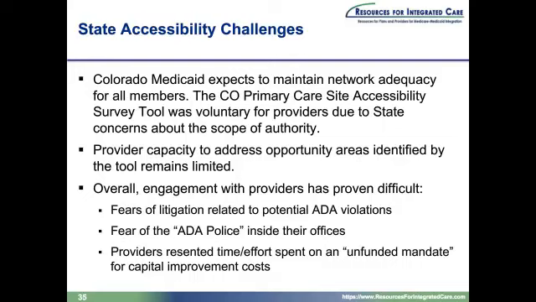And then finally, providers really resented the time and effort, to some degree, that was spent on an unfunded mandate, which is the ADA for capital improvement costs. This is an unfortunate reality of the ADA and a limitation in the landscape that we're working in. Next slide.